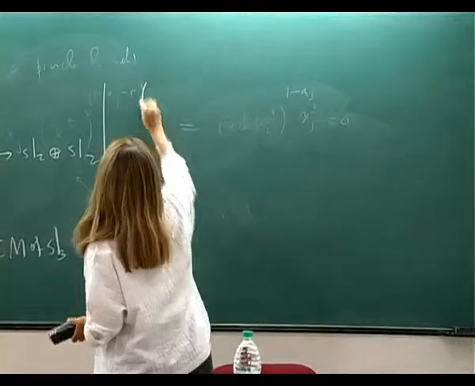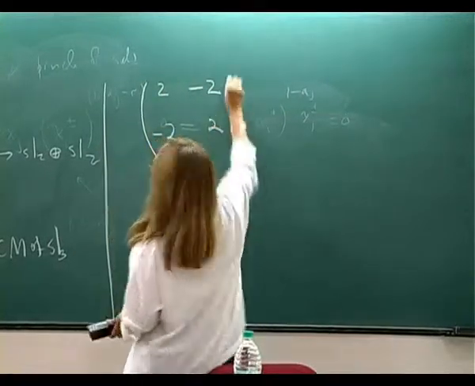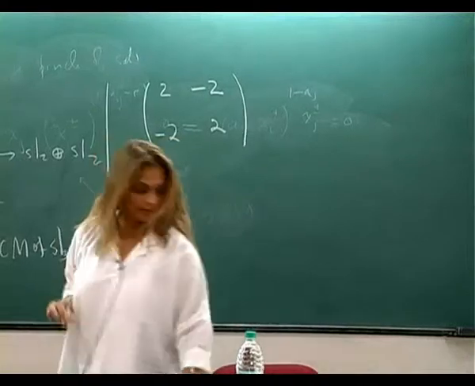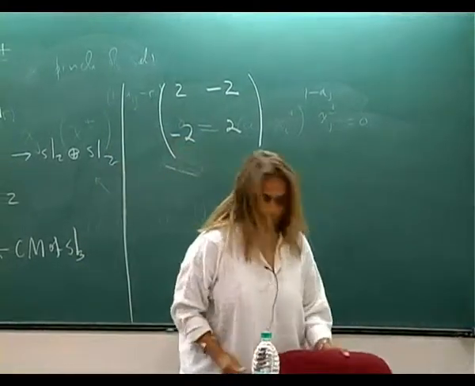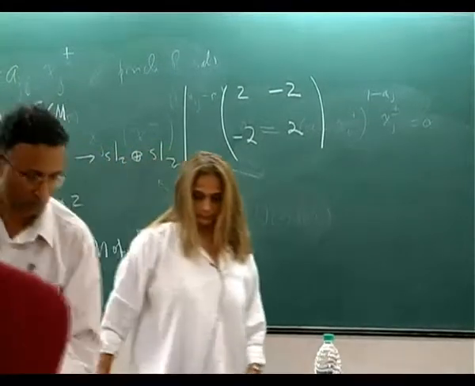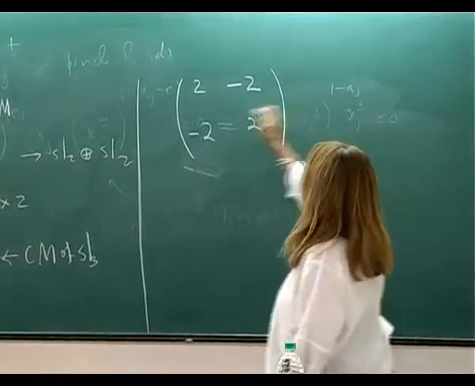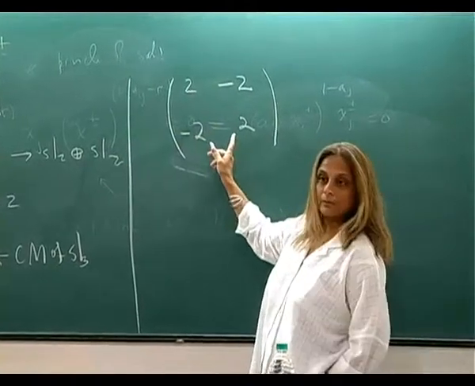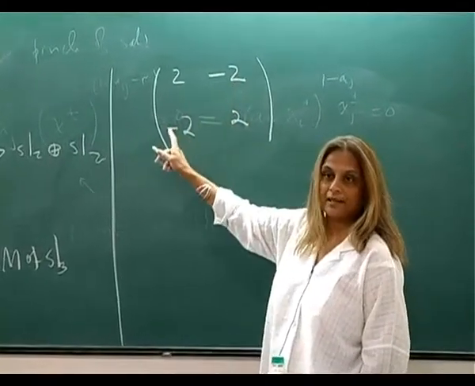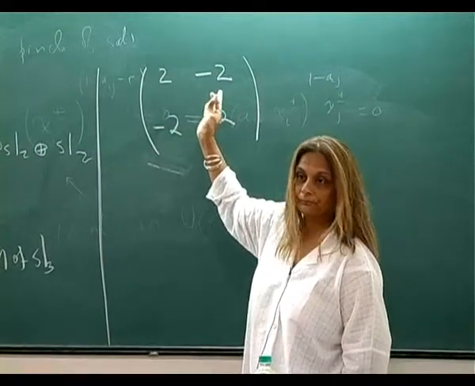And so here's our first non-trivial example. 2, minus 2, minus 2, 2. No, it's okay. It's out of the way. Right? So we needed our diagonal entries to be 2. Our off diagonal entries are negative integers, and that's the only condition, right?